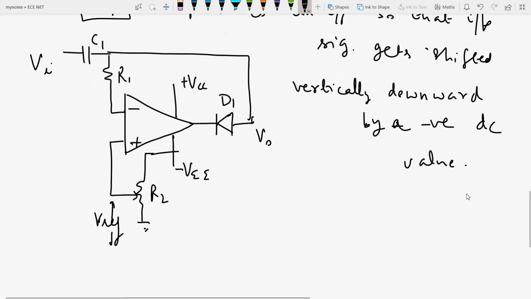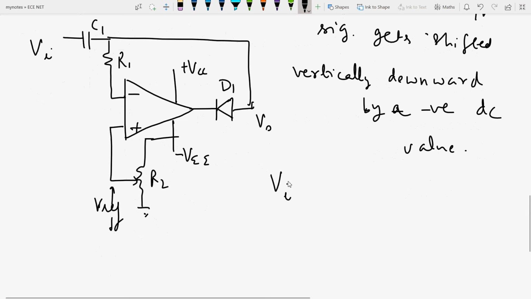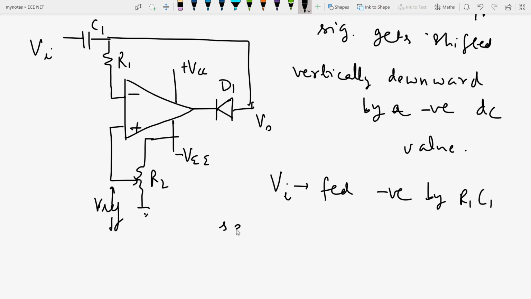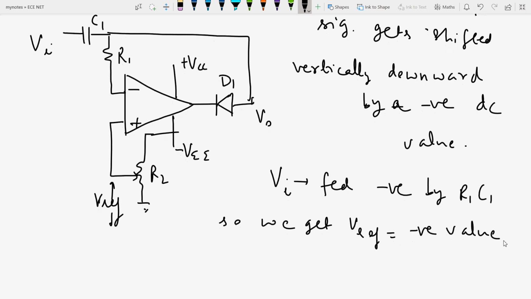So here V input is applied, it is fed through the network R1 C1. So here we get the reference voltage equal to a negative value, okay. Now what will be the output?